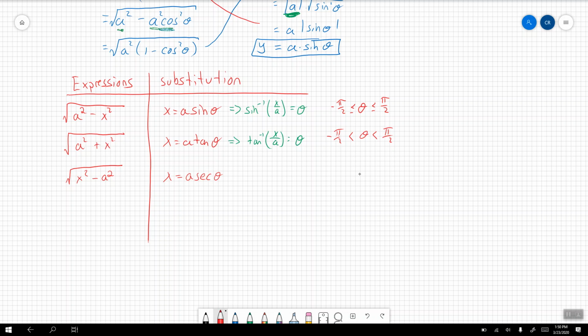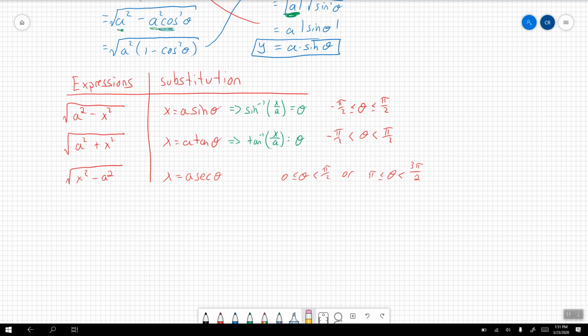And this theta value is a little bit trickier to see, because if you remember, secant is a reciprocal identity for cosine, which means we have to abide by the cosine restrictions. Once we abide by the cosine restrictions, we then just have to make sure that we don't run across any asymptotes when we're going through this process.